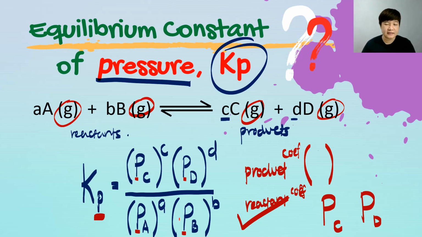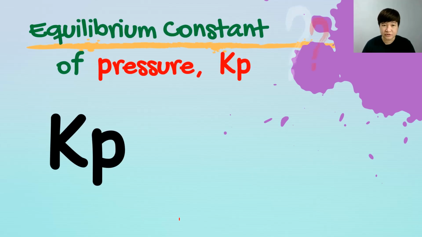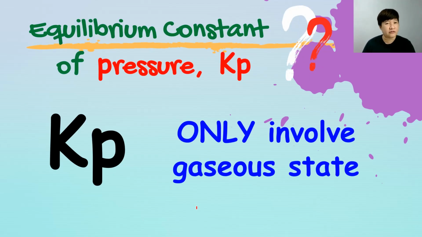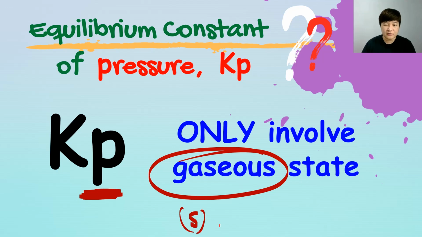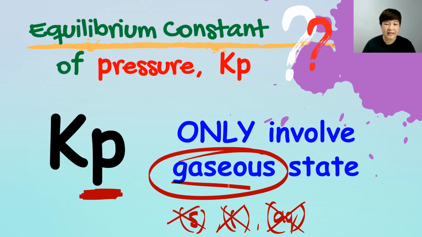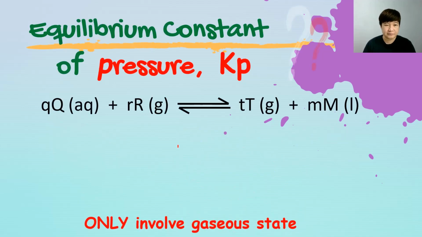Similar to Kc, Kp also has some rules and regulations that we need to follow. So the Kp rules are very simple. Since we are talking about pressure, we only take count of the gaseous state. So all your solid, liquid, or aqueous will be ignored. Let's look into some examples of Kp.